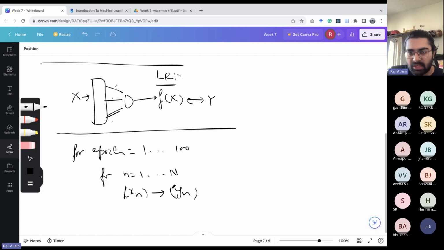You look at the prediction, the error, and you update. All of that happens here. So in this inner loop, you have forward propagation of xn, get the prediction, and update all the weights by back propagation. That is once in this n loop. You will do this capital N number of times. Then you will repeat this whole process even more, let's say 100 times or whatever.